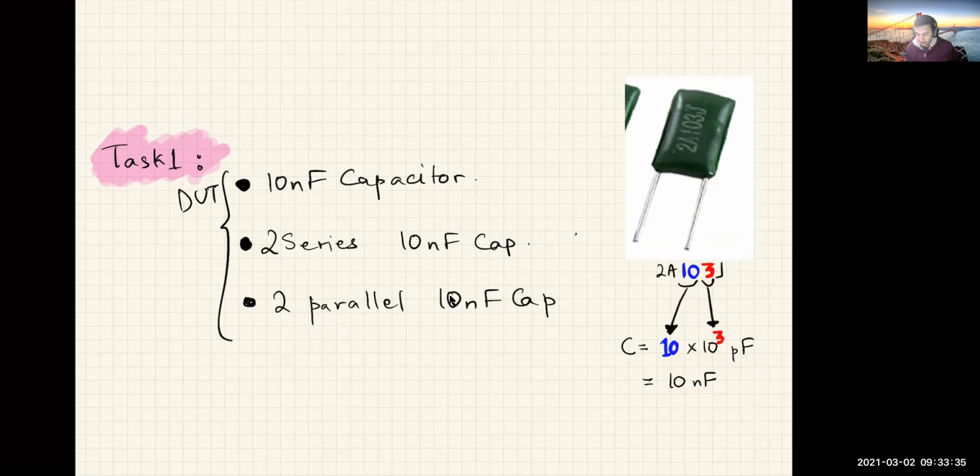If you had something that's 475, that would be 47 times 10 to the power 5 picofarads, which would be 4.7 microfarads. So that's how capacitors are labeled, and that's how you can find them in your kit.